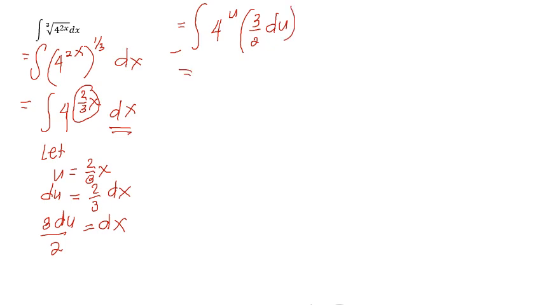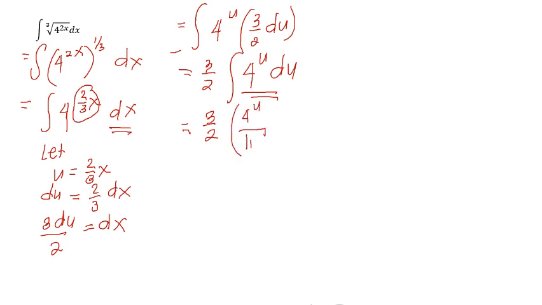Now we could factor out 3 halves from our integration, so we will get 3 halves integration of 4^u du. With this one here, we just have the basic integration formula for a logarithmic function. So if I integrate it, we will get 3 all over 2, integration of 4^u du is equal to 4 raised to u all over ln 4, plus c.